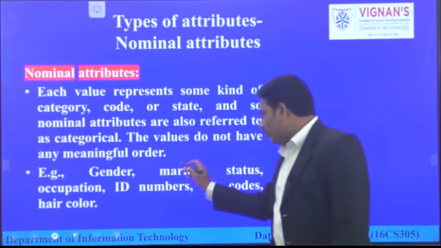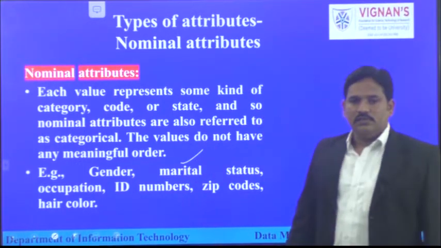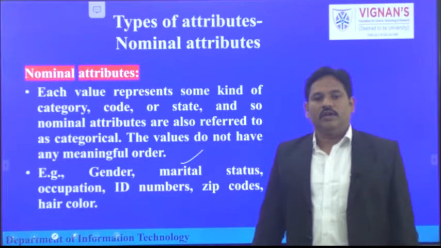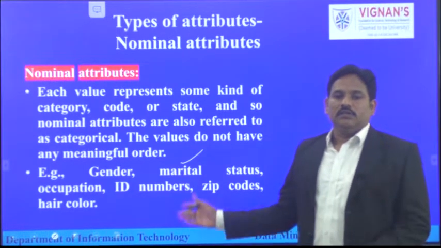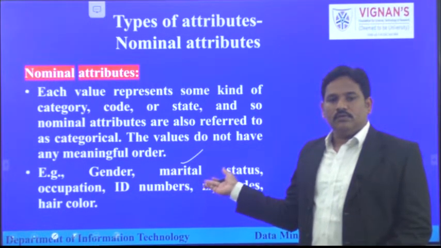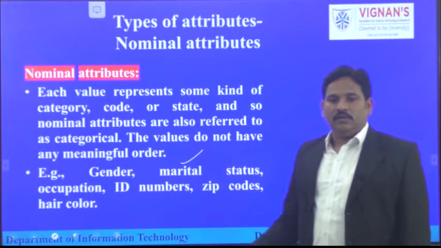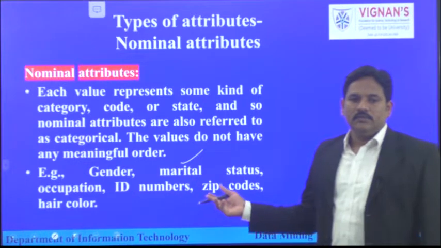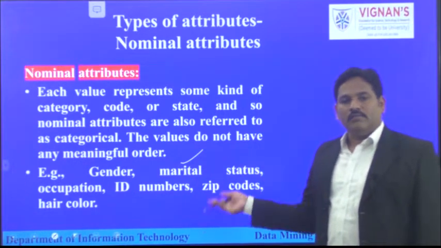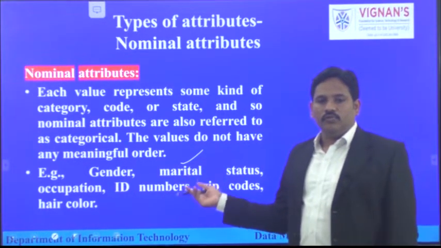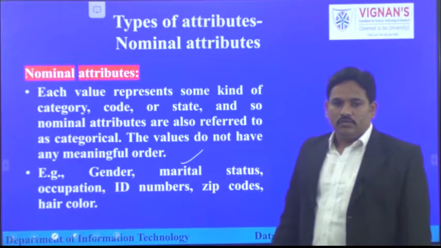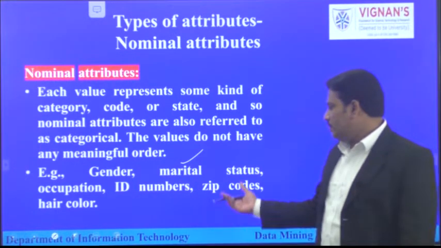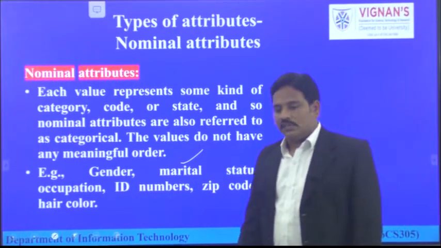Here we have one more example, marital status. When you want to choose any one value under marital status, the possible options are provided. If the person is married, he or she can select married, or unmarried, or divorced, or widowed. So there are 4 possible values for marital status.